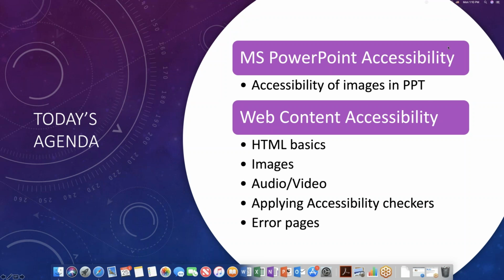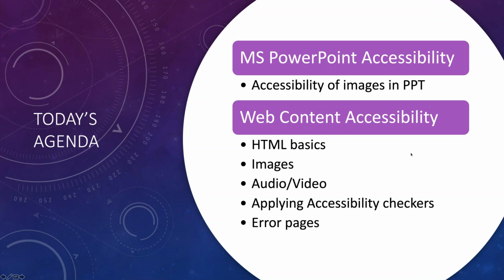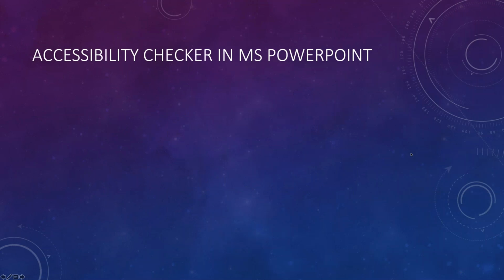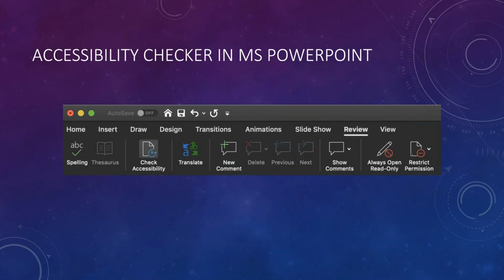Okay, so let's get right into it. PowerPoint. When you're using PowerPoint, this is the standard ribbon bar, and as you can see, I have the Review ribbon selected, and over on the left is a neat little Check Accessibility button, built right into PowerPoint.